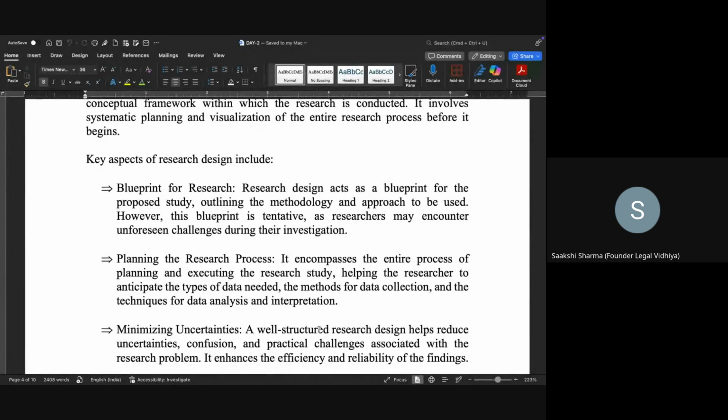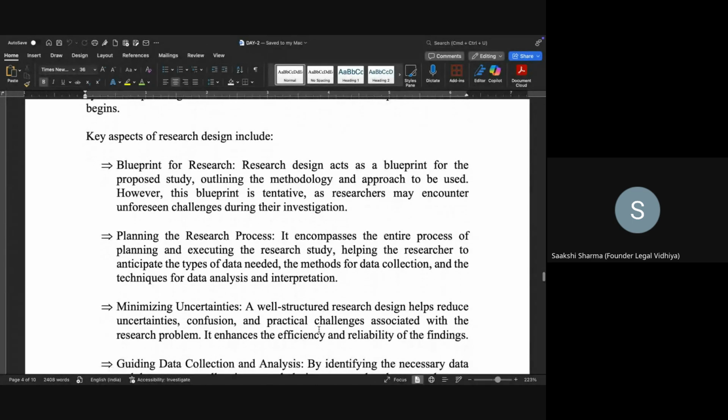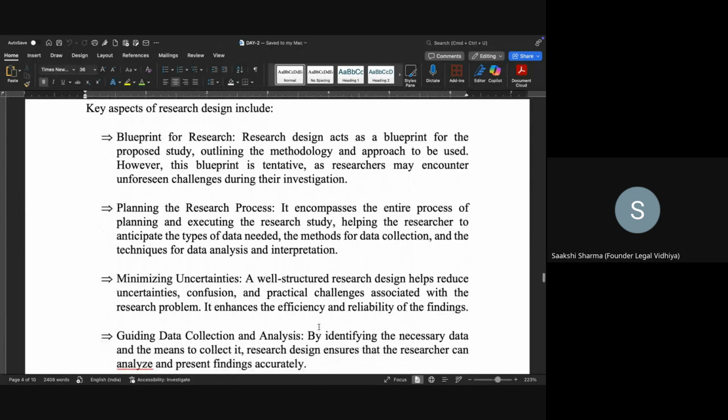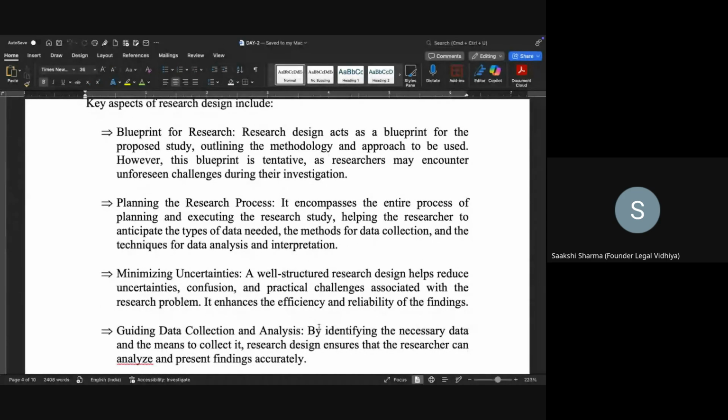It encompasses the entire process of what you're going to do, what is the type of data that you're going to collect, the methods that you're going to use to collect your data, and the techniques for data analysis and interpretation. That is what comes in planning of research purpose. Then comes minimizing uncertainties. If your research design is well structured, obviously the probability of uncertainties will be much lower.